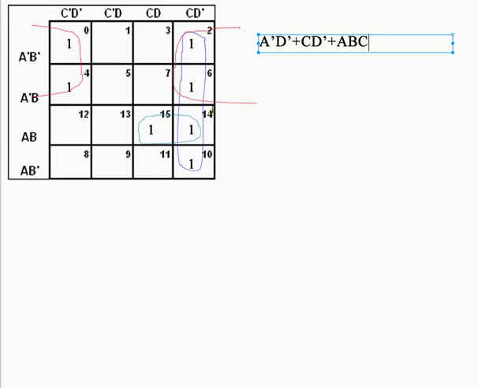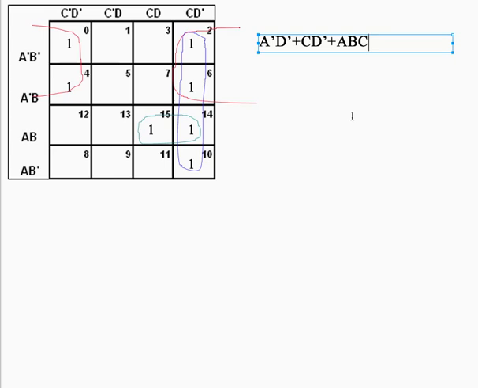Now notice that this function originally contained 4 plus 2 was 6 and 1 is 7, 7 minterms of 4 variables each, in other words. But all of that was reduced to just this, which is also, notably, a sums of products form.